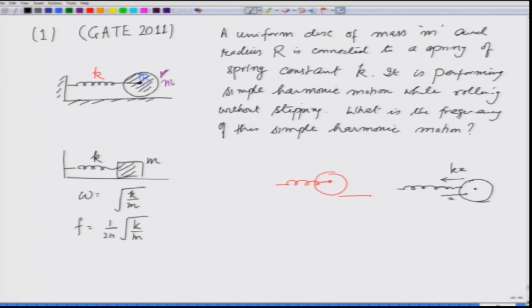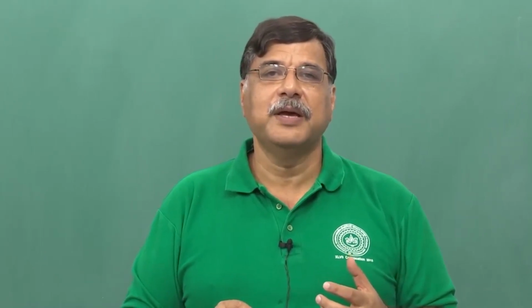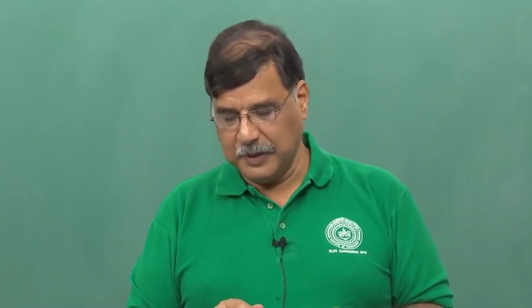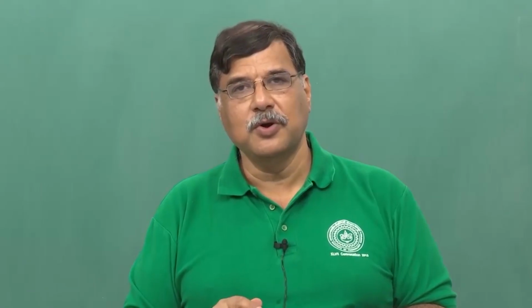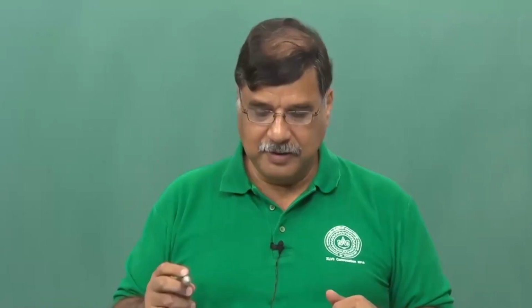At the same time, since it has a tendency to slip towards the left, there will be a frictional force to the right. In effect, what that frictional force does is that it reduces the amount of restoring force. Effectively, k is becoming smaller. If k is becoming smaller, the frequency should go down. That is a physics anticipation. Let us now solve it mathematically.